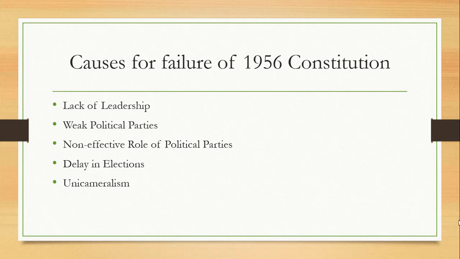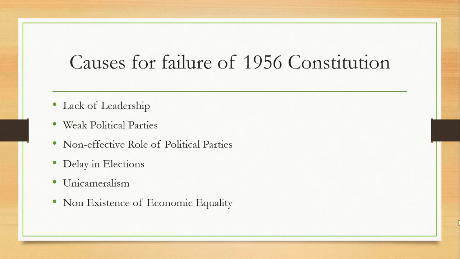Another cause was unicameralism. In the Constitution of 1956, unicameral legislation was introduced. Unicameral legislation created many problems in Pakistan, and as a result, martial law was imposed in the country. So the Constitution of 1956 failed.